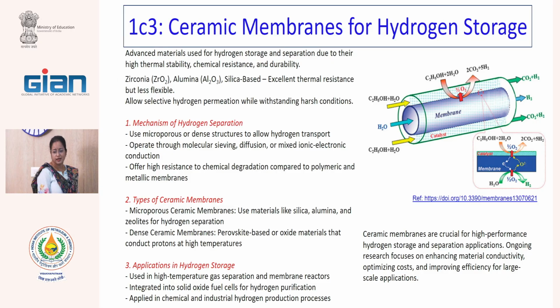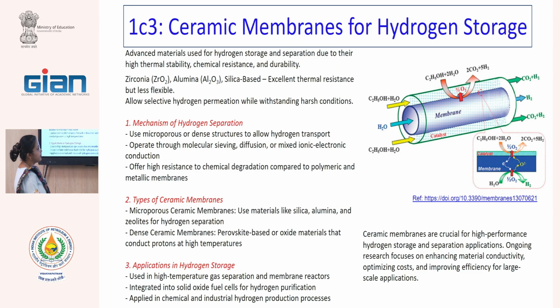Here in this system we are seeing a catalytic conversion. We have a membrane, over it we have some catalyst coated, and here we are basically storing hydrogen in terms of another chemical compound.